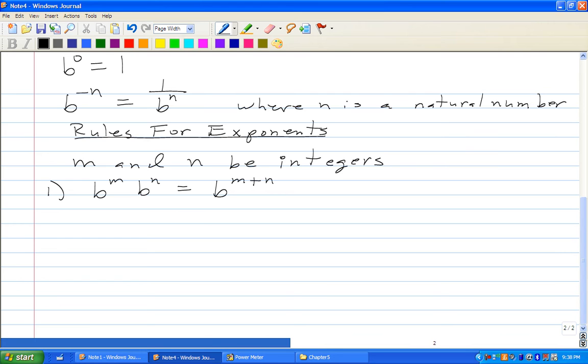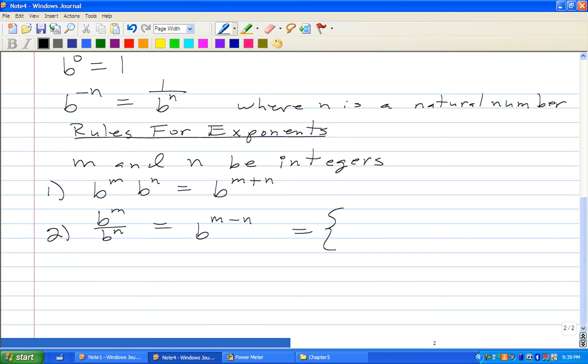Okay, so let me do property number 2. b to the m divided by b to the n is just equal to b to the m minus n. So in the first property, if I had the same base and I'm multiplying, then I add exponents. Here, if I have the same base and I'm dividing, then I subtract exponents. In general, we like to have these simplified so that we have positive exponents.